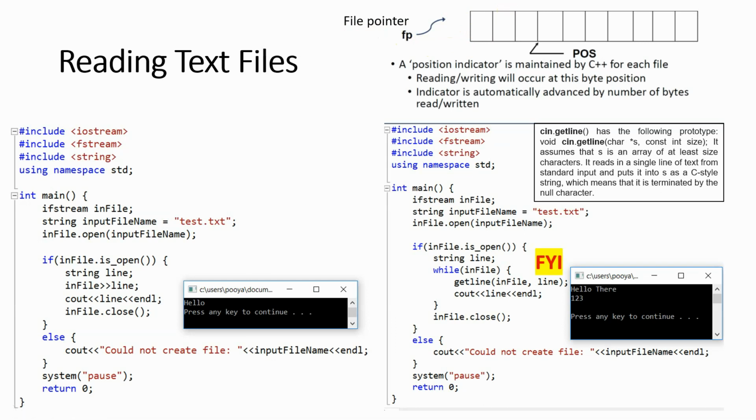It moves to the next one after you read that, and so on. So a position indicator is maintained by C++ for each file. Reading and writing will occur at this byte position. The indicator is automatically advanced by the number of bytes read or written.